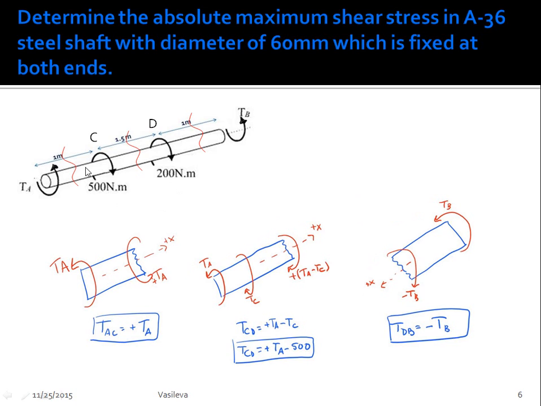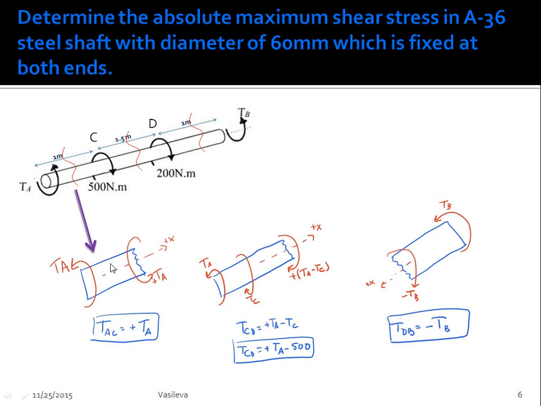So from that point on, I started to cut the sections at every single point to find out what the T is in every single section. So for the first section, I cut it somewhere around here, and I have a TA rotating that way. That means I need another moment in the opposite direction to balance it out, and it's going to be the same magnitude as TA.